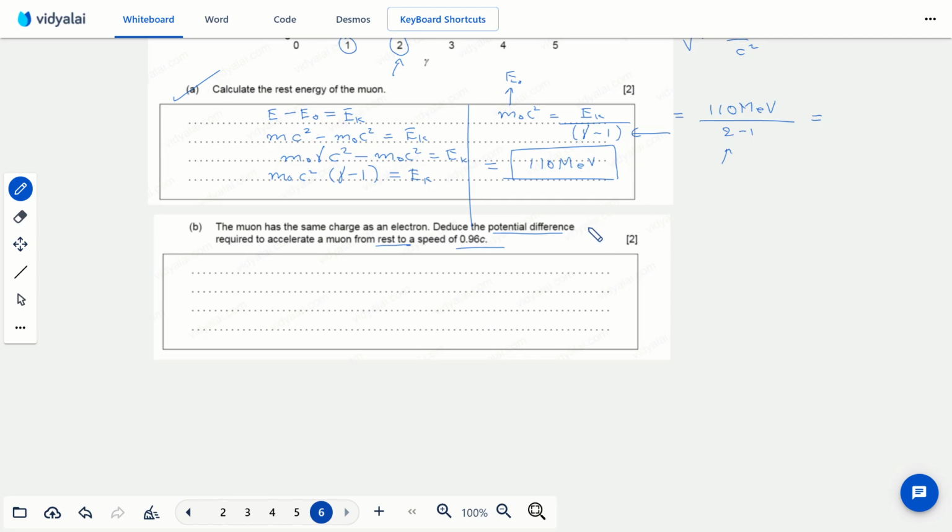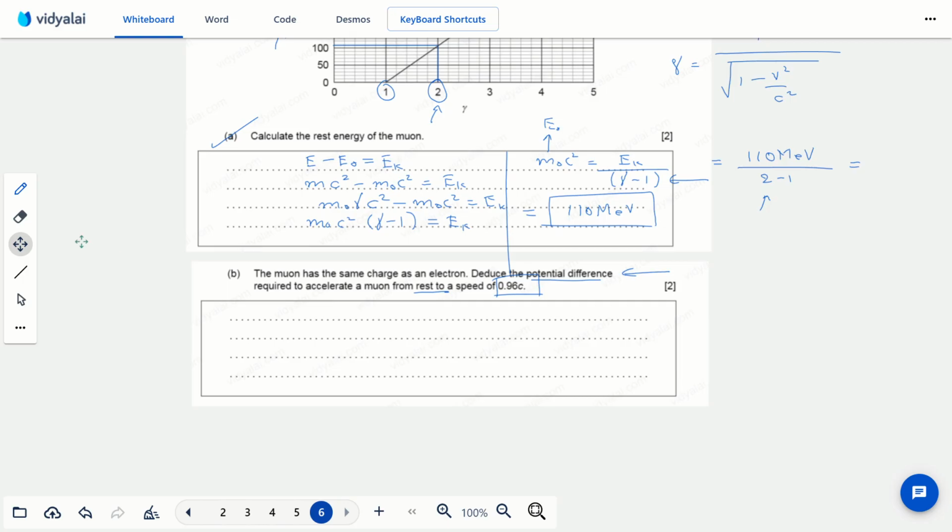But one thing to note here is that the energy that's obtained from this potential difference that accelerates this muon from a velocity of 0 to a velocity of 0.96 c will all be stored inside of it as its kinetic energy, because the energy that this muon obtains will only increase its relativistic mass and thereby increasing its energy, and the difference in its energy is what is seen as its kinetic energy.